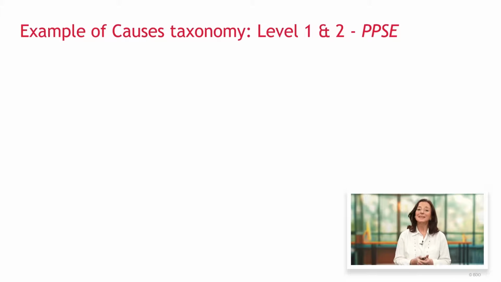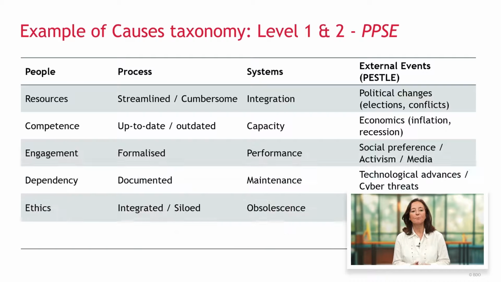Cause taxonomy is easy also, in a sense, PPSE for people, process, system, and external events, and that relates very closely to the definition of operational risk, being the risk of loss due to inadequate or failed processes or people or system or from external events.